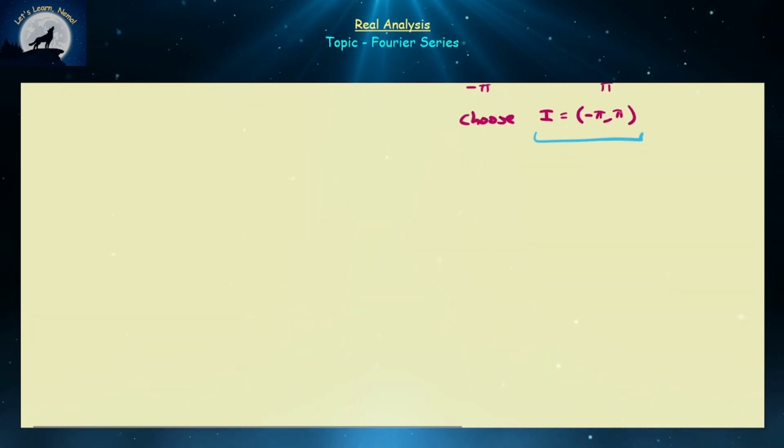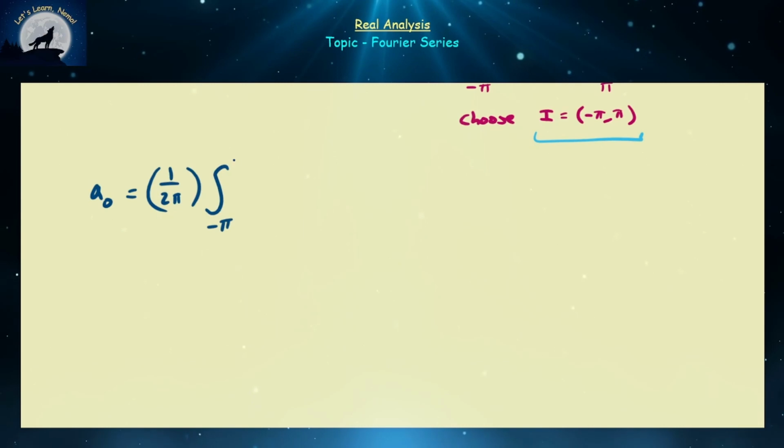So the first thing that I want to do is find our basic coefficients, so a0. So a0 will be equal to 1 over 2 pi times the integral from minus pi to pi of f of x dx, but keep in mind it's equal to 0 everywhere from minus pi to 0, so we need not consider that portion of the interval.